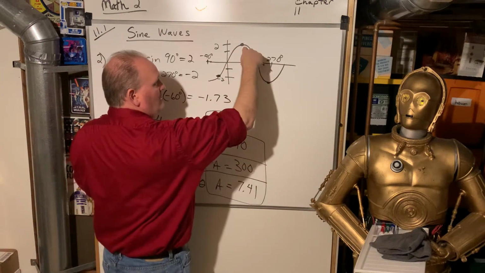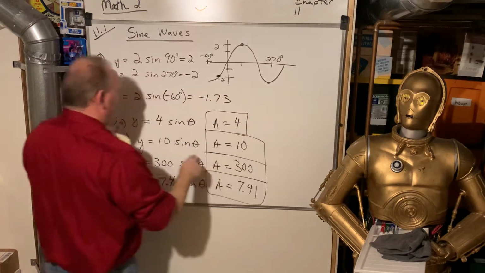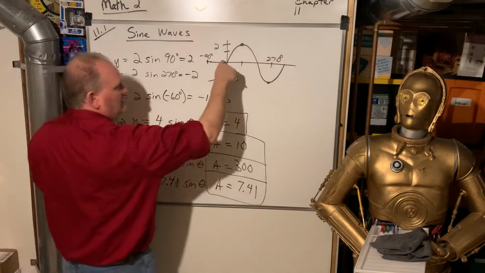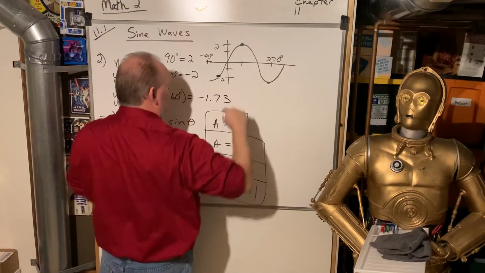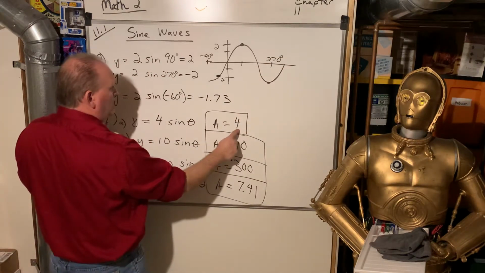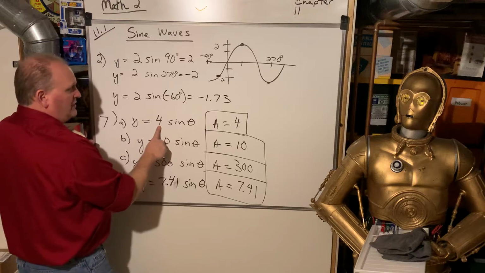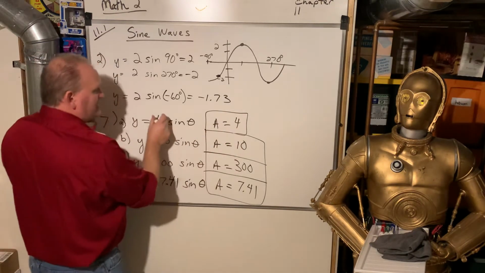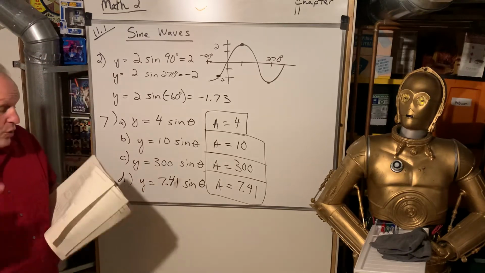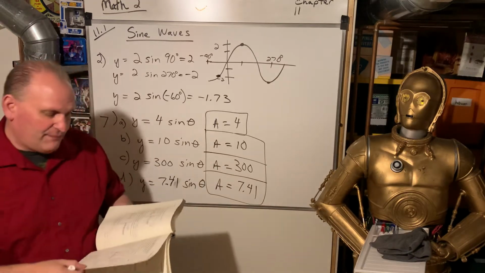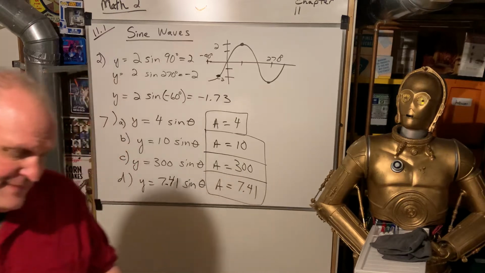So how far does it go up? How far does it go down? If I said -4, that would just flip it upside down, but it would go down to -4 and all the way up to +4. So the amplitude would still be 4. Whether that is a positive number or a negative number, the amplitude is basically the absolute value of the number in front of sine or cosine. Both of those have amplitudes. All right?